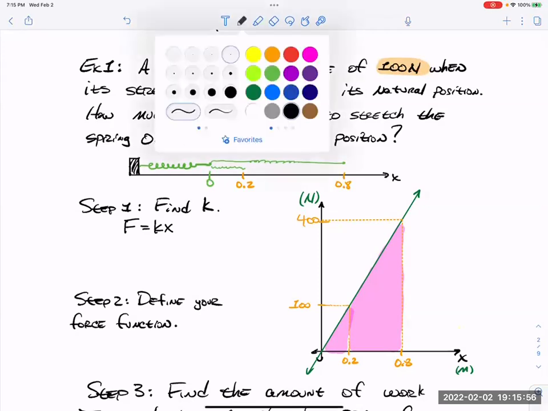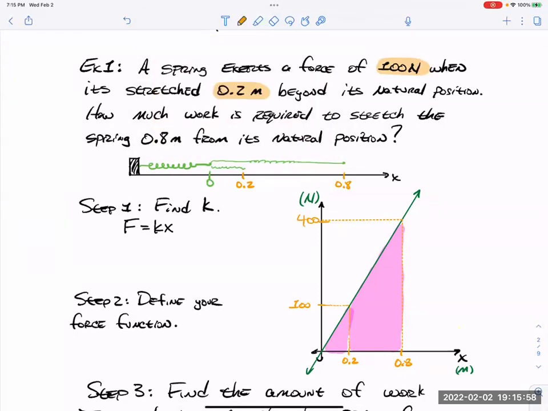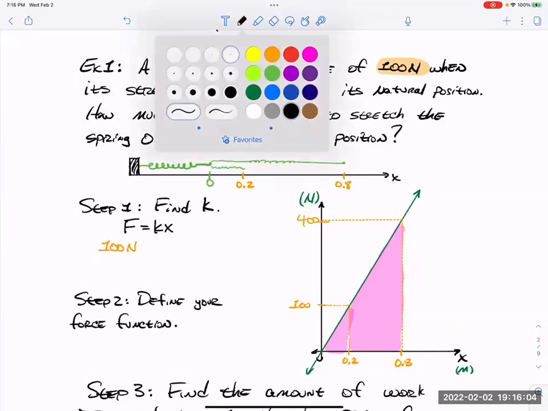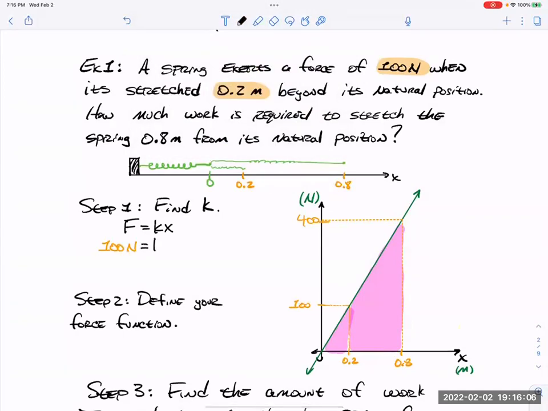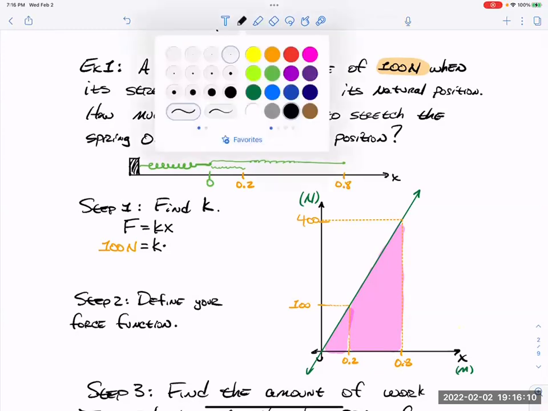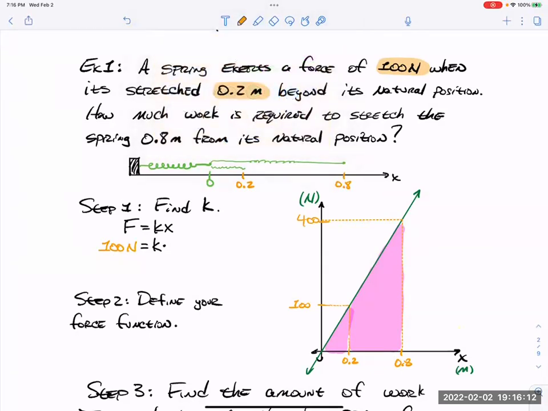So we can say, all right, our force here, we're going to make it 100 newtons. And now we have our spring force constant times, and then what's our X value here? For this one, our X value was 0.2 meters.